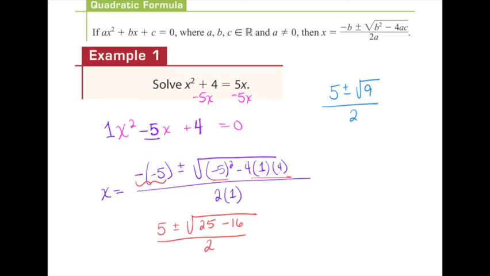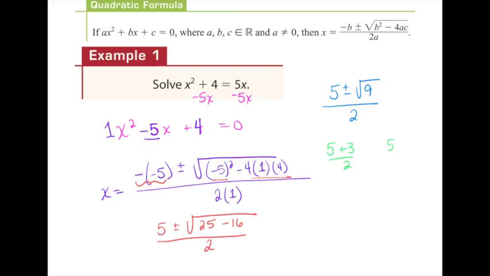This is not your final answer because 9 actually has a root. If that were the square root of 7, you would be done here, okay? But you're not done because we have a perfect root. So you actually need to do the 2 answers for this one. You need to say 5 plus the square root of 9, which is 3, over 2.